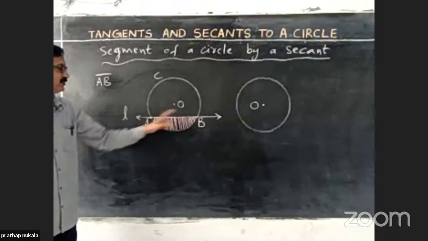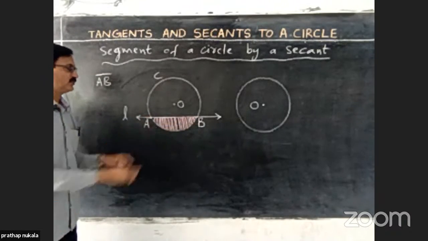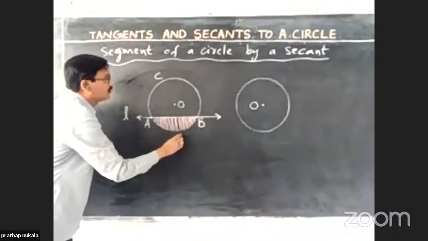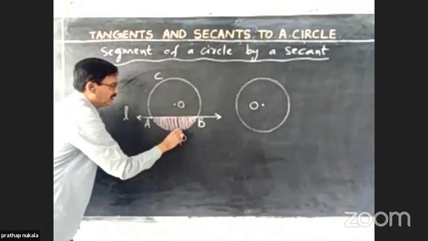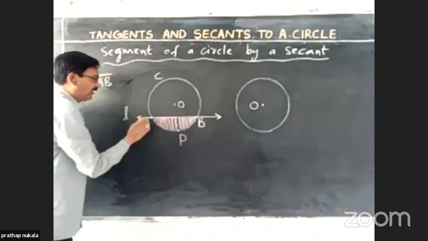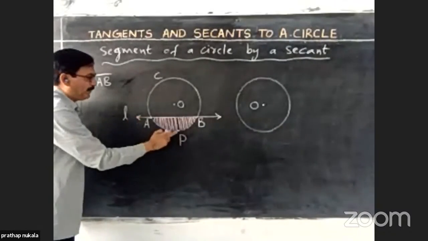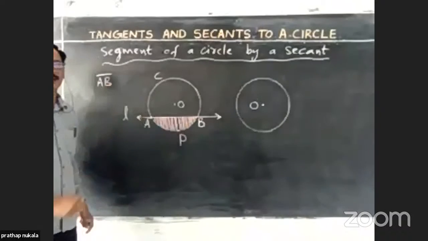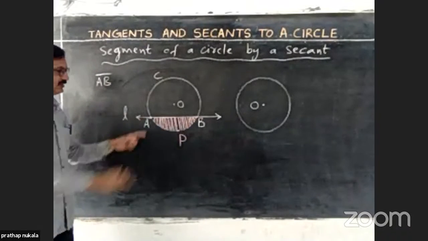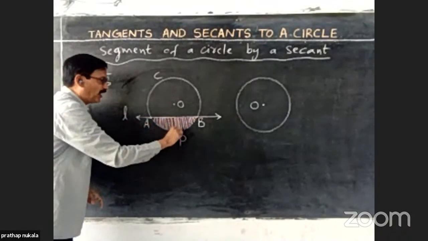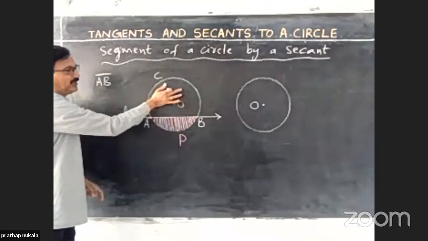This part A, B, if you put P here, A, P, B, A, the region A, P, B, A, this part is small, this part is large.